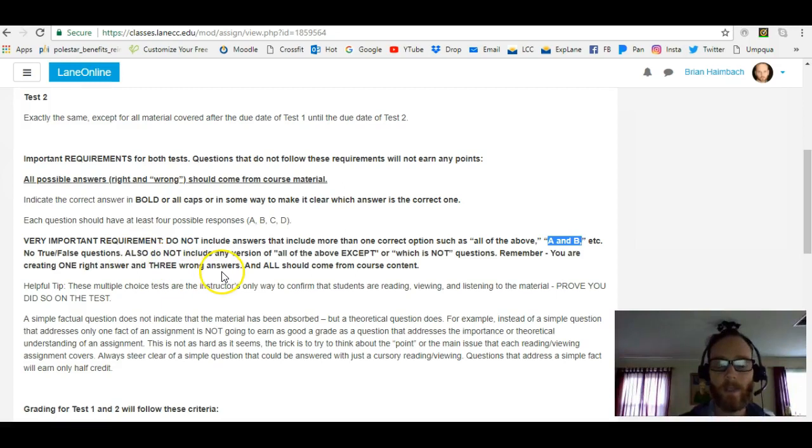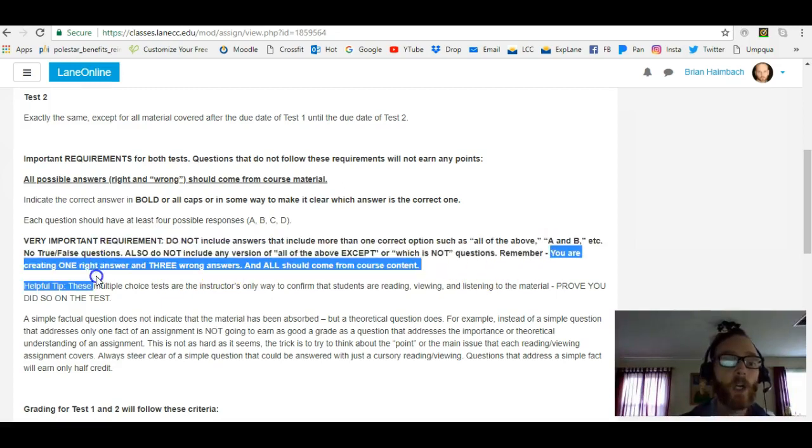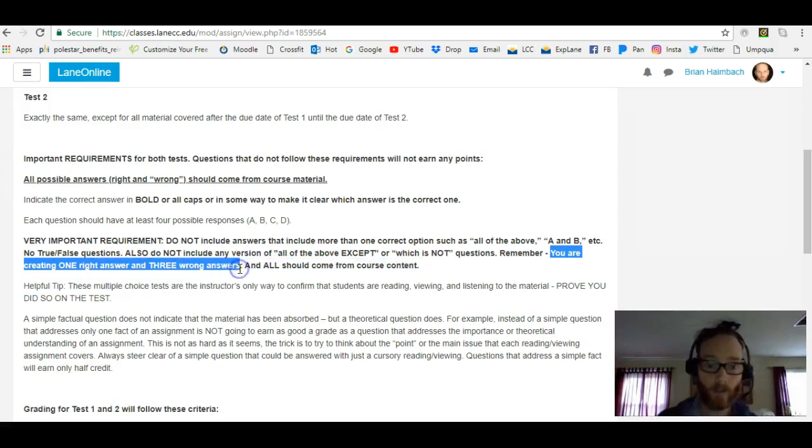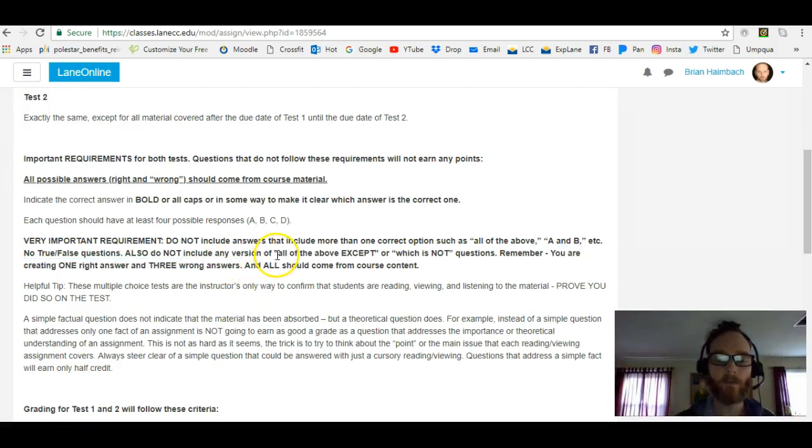The easiest way to think about this is you are creating 1 right answer and 3 wrong answers. So that also means you're not going to include any version of all of the above or which is not a characteristic of blank.